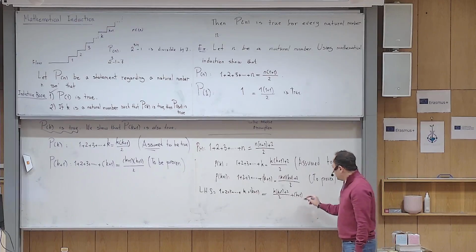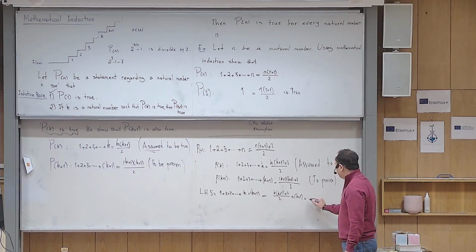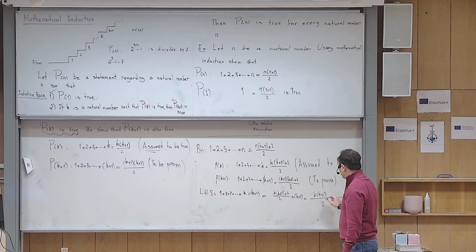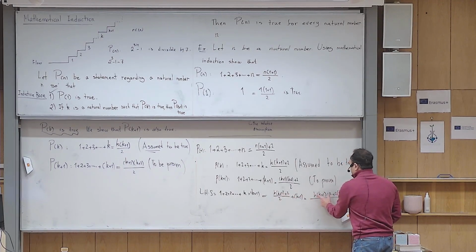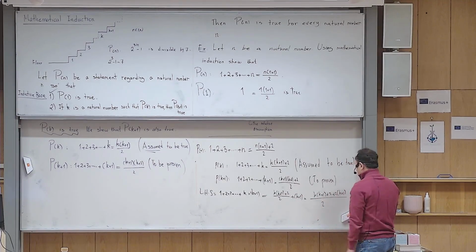And then take the common denominator as before, plus 2 times that one. Is that understandable? I just copied and pasted this one, and I take the common denominator as before.